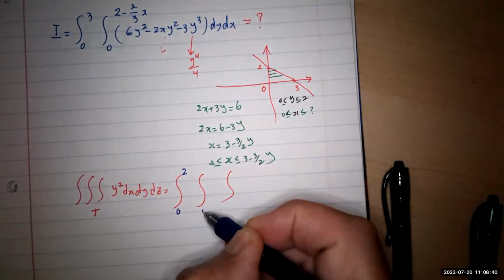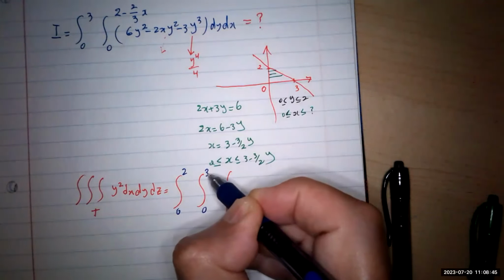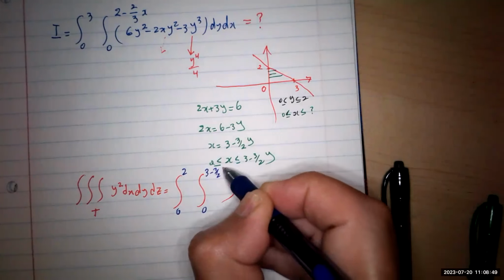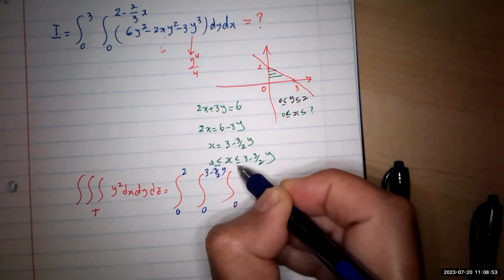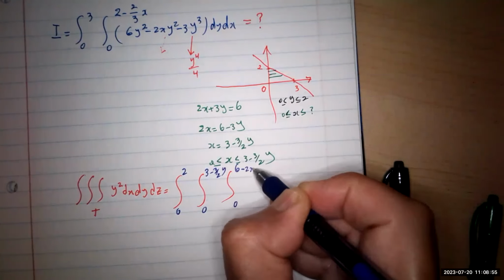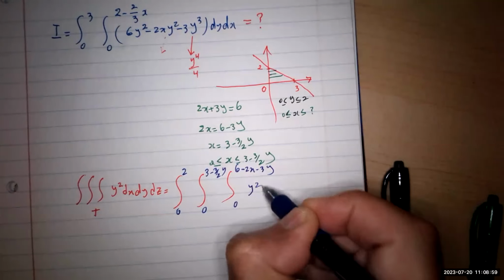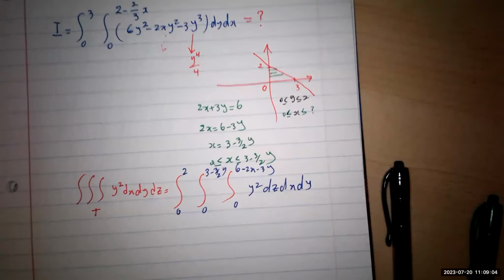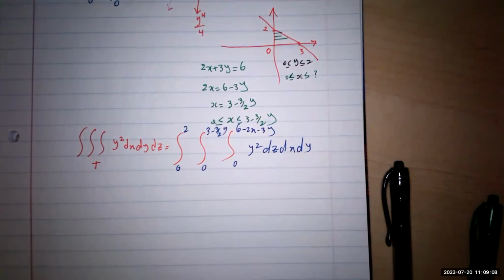We do the x in the meantime. So it's going to be 3 minus 3 half of y. And the z is going to be as is. So the z part is going to be unchanged. So we have the function. We do the z, we do the x, and then we do the y. You will see in a minute that it's going to be much easier. So be prepared for it.